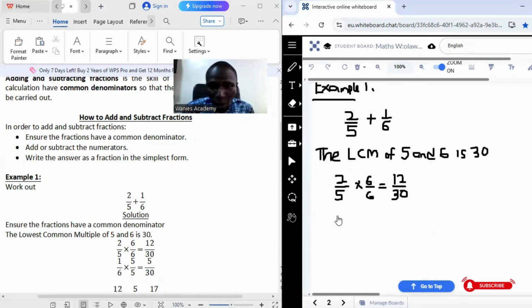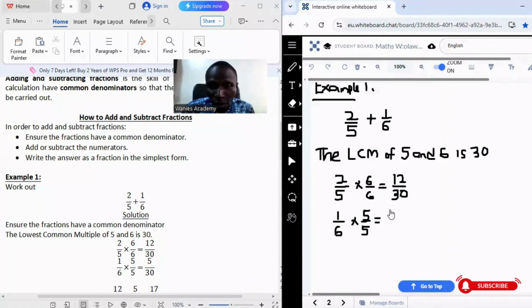For the second fraction, we have 1/6. So the number that we can use to multiply the denominator to make it 30, that's 5. So meaning that we're going to multiply the numerator by 5, also multiply the denominator by 5 also. So we're going to have this to be 1 times 5, 6 times 5 as well.